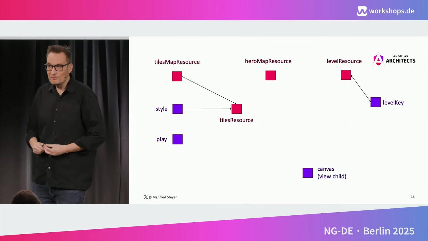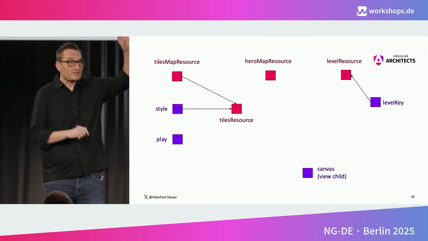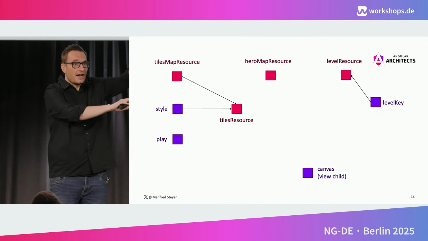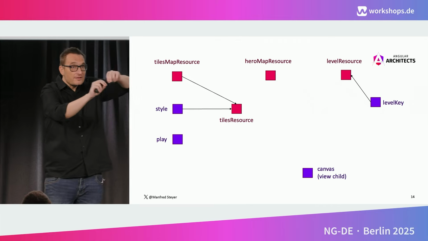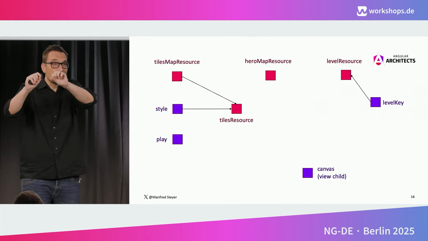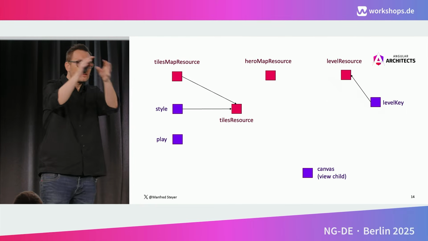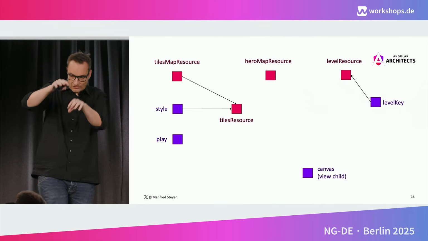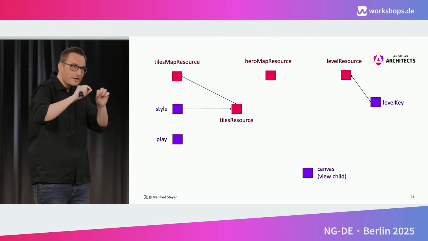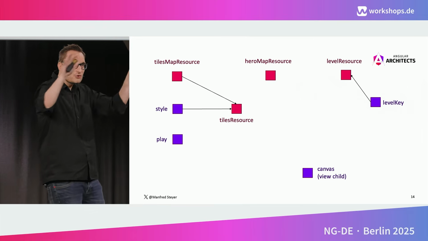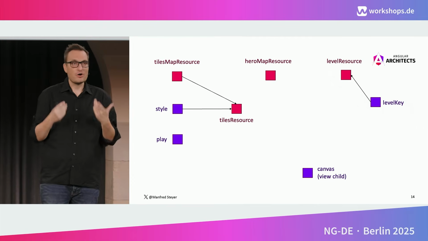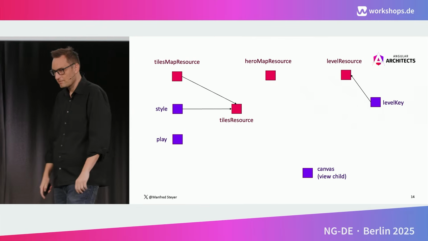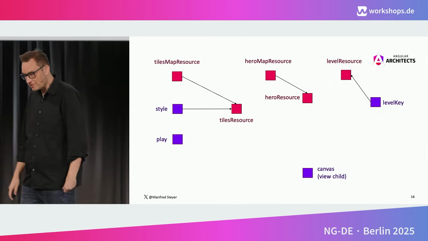Then I have a tiles resource. It takes the tiles map and it takes the style, and then it is extracting the right tiles I need for this tile, respecting all the offsets from the left to right, from top to bottom. So this gives me a lot of little tiny images I can arrange on my canvas to construct the level in question. I'm doing one more time the same with the hero.